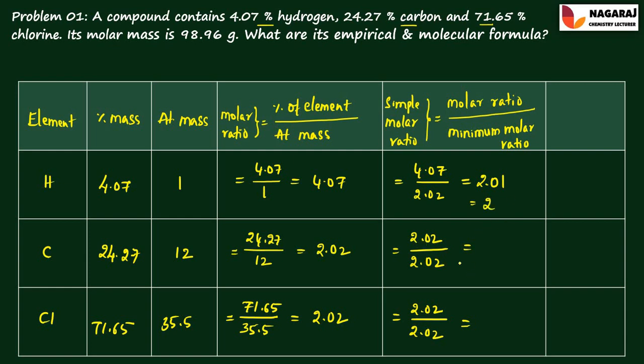And 2.02 divided by 2.02 is 1, and 2.02 divided by 2.02 is also 1. So the simple whole number ratio for hydrogen is 2, for carbon it is 1, and for chlorine it is 1. So this is a simple method to calculate the simple whole number ratio, right?